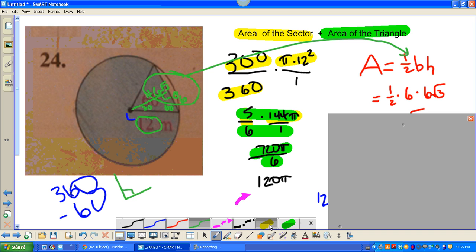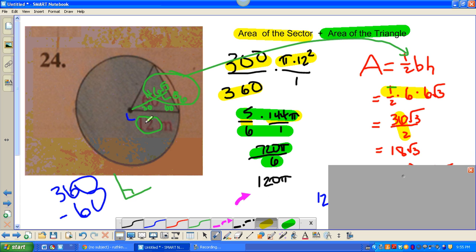Then I'm going to multiply 1 times 6 times 6, which gives me 36 √3 all over 2. 36 divided by 2 is 18. But keep in mind, that is just the area of this region. I have to double it to get the entire triangle. So when I double it, 2 times the 18 gives me the 36 √3.